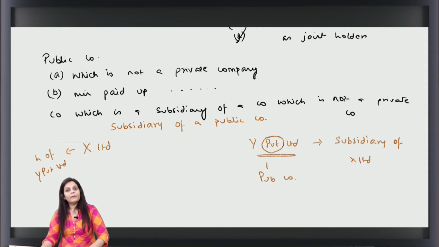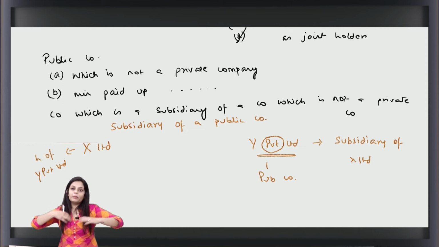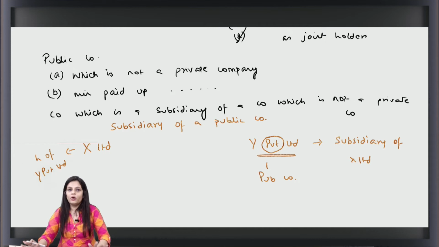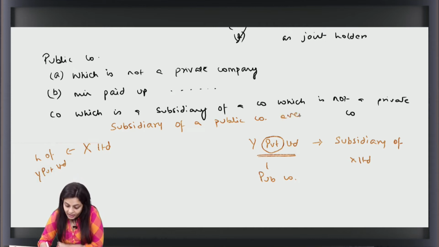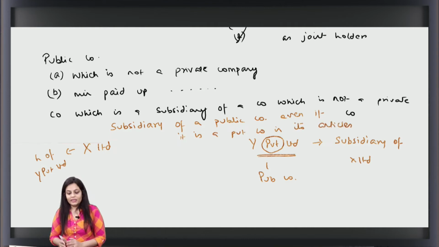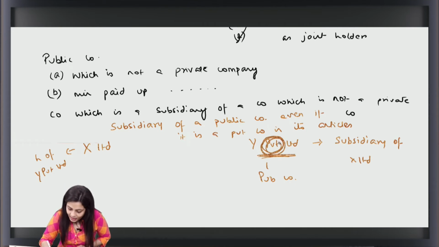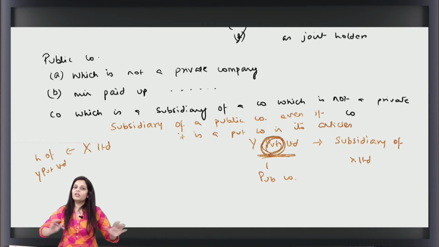Oh, that means, ma'am, it can now issue shares to more than 200 people, issue shares to the public? No, hold on, no. Subsidiary of a public company, even if it is a private company in its articles, in the articles this company is still a private company. We will not remove the provisions.